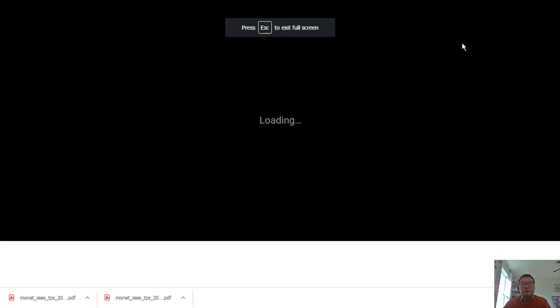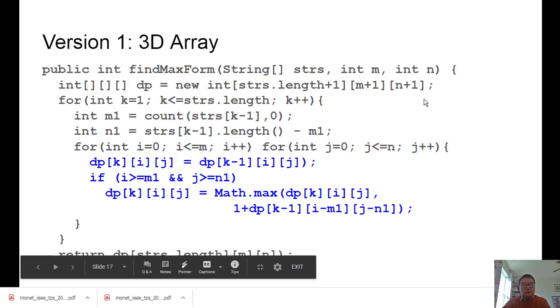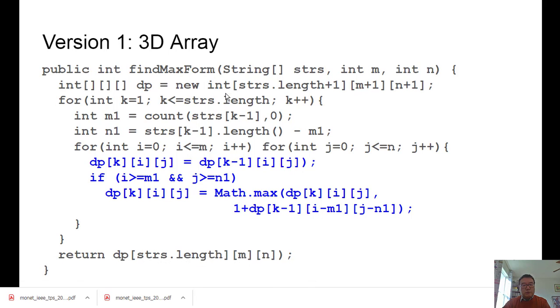So then we can convert this into code. This is the implementation of this idea, in Java. We have 3-dimensional arrays, and again we are using +1 on each of the dimensions. We count the number of zeros in the string, and n1 is the number of ones.